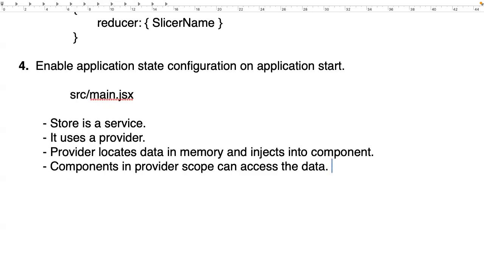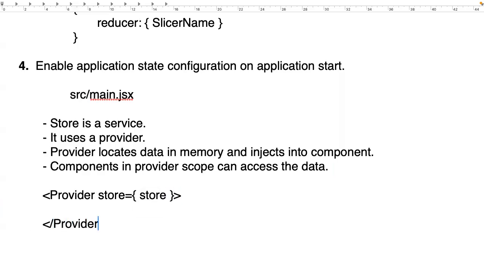The provider will check whether the component is in its scope. If it is in its scope, then it can give the data. So what we need to do is configure like this. We have a provider, store equal to store.